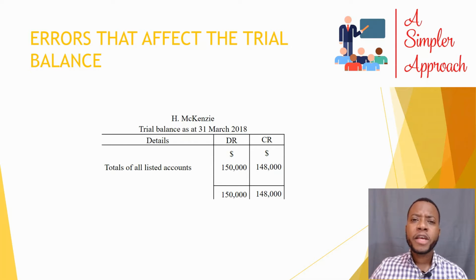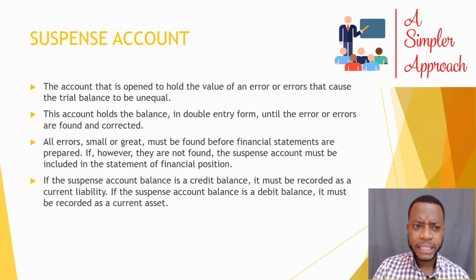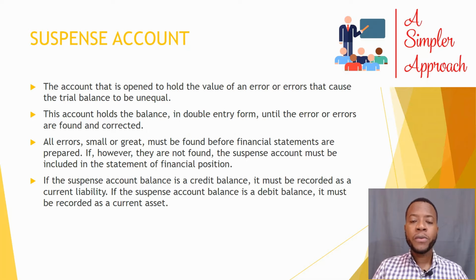This is where the concept of what we call the suspense account comes in. Let's take a look at what it is. The suspense account is the account that is opened when an error is causing the trial balance not to balance.